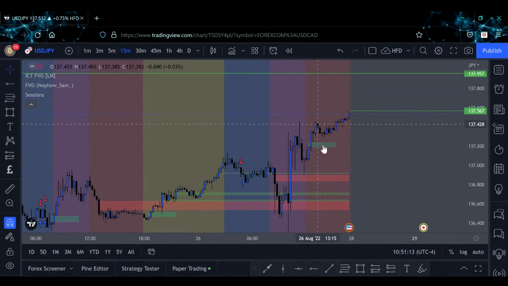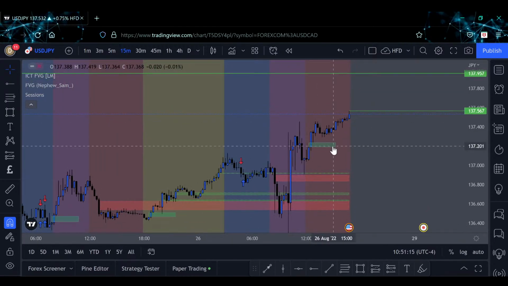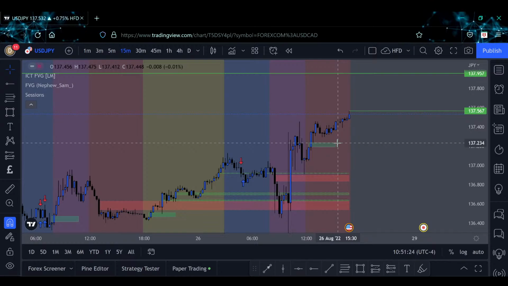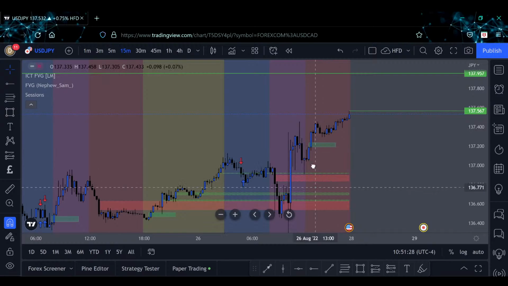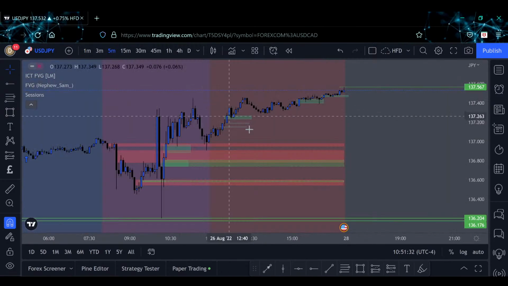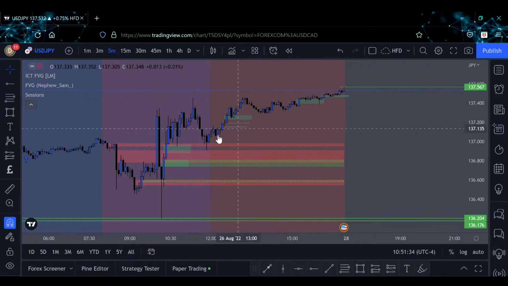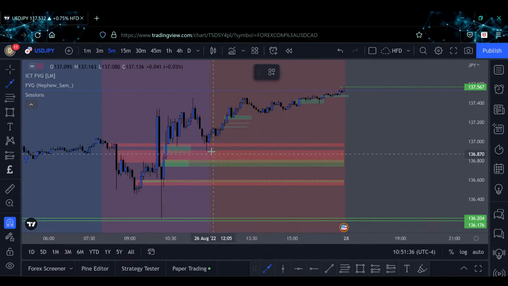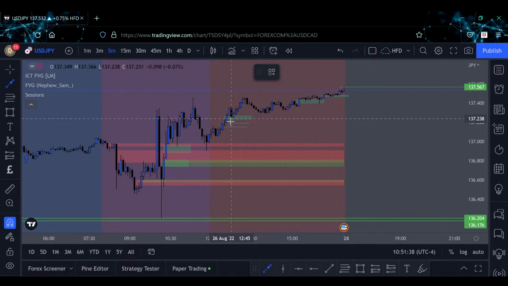There's a fair value 137.234. Build up a liquidity here. Some sort of trend line liquidity.